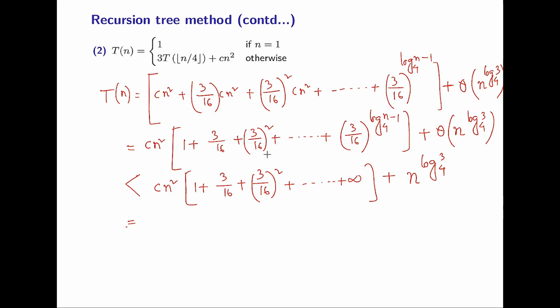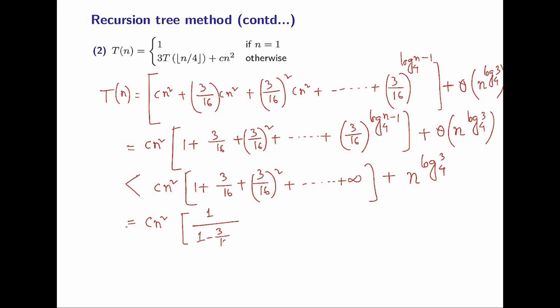Okay. So this entire thing is less than Cn square into 1 plus 3 by 16 plus 3 by 16 square up to infinity, because here we are extending the boundary up to infinity. So here we have an infinite GP series sum, which is very simple to calculate. The formula is a by 1 minus r, where a is the first term. So the first term is 1, over 1 minus r. What is r here? 3 by 16, since 3 by 16 divided by 1 is 3 by 16, and 3 by 16 square divided by 3 by 16 is also 3 by 16.